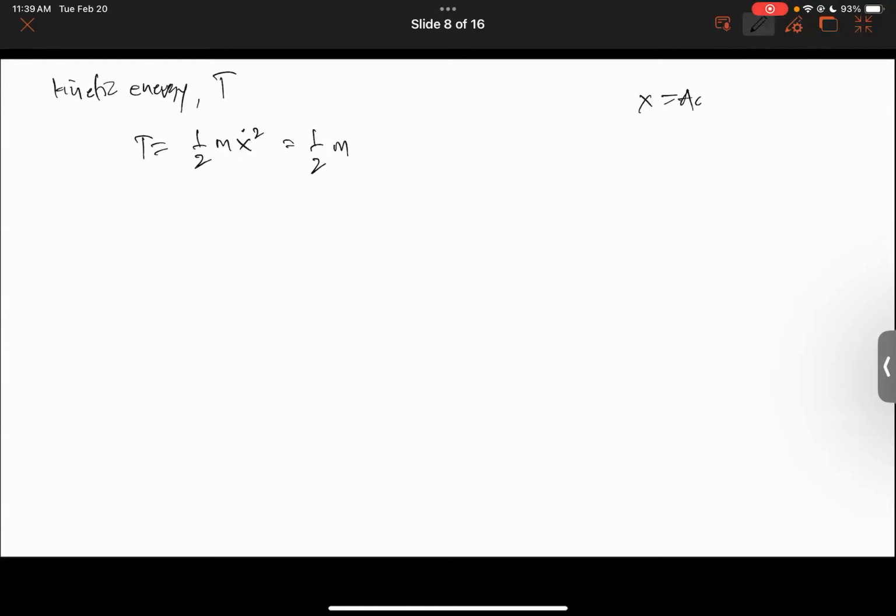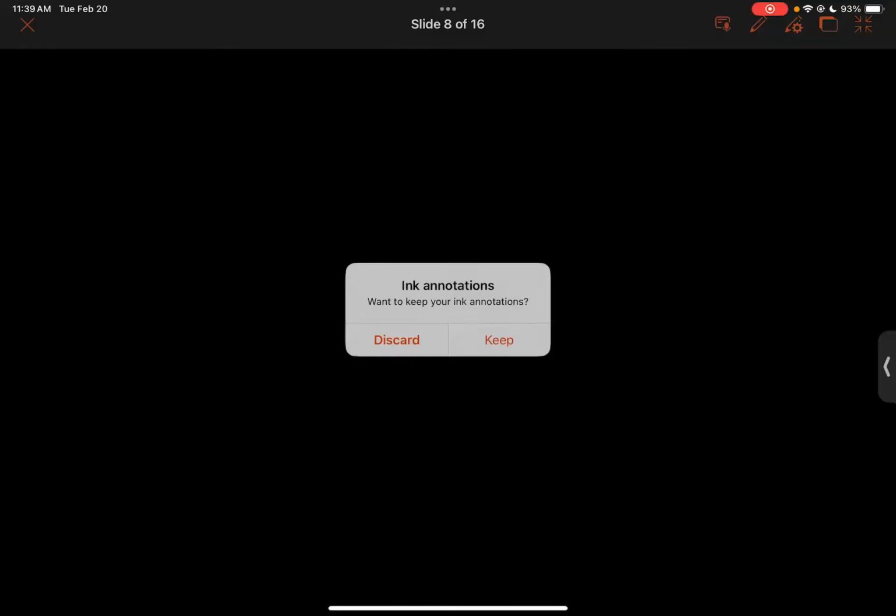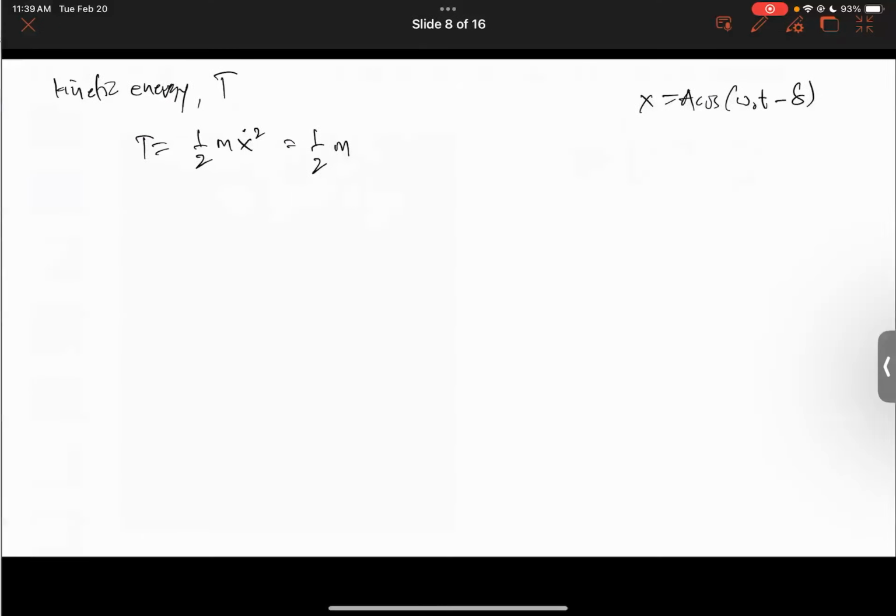So if x is equal to a cosine omega naught t minus delta, okay, delta na lang gamitin natin. Okay, so x dot will be equal to a negative sine a omega naught sine omega naught t minus delta.